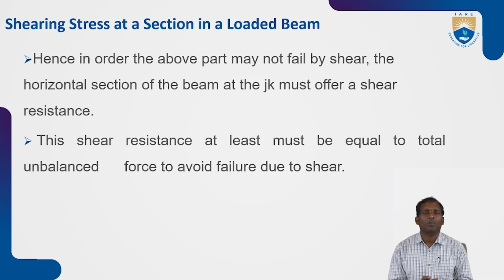Hence, in order that the above part may not fail by shear, the horizontal section of the beam at the JK must offer a shear resistance.